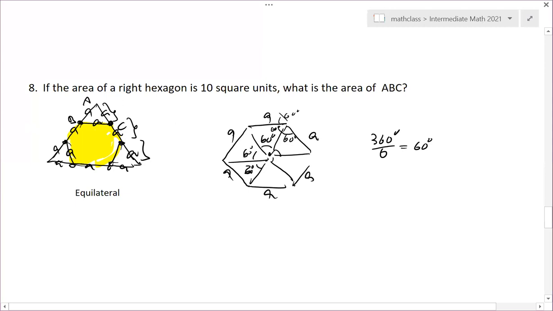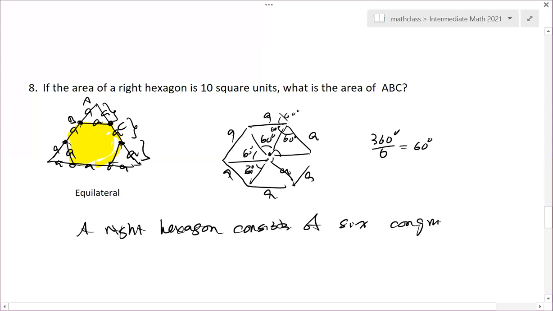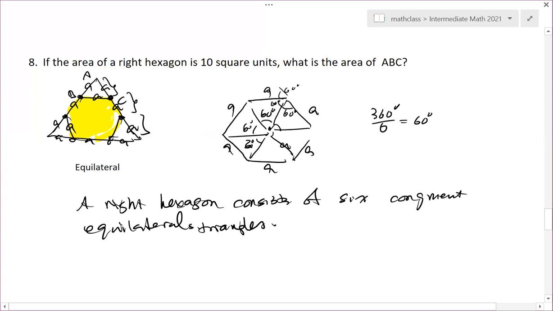So a regular hexagon consists of 6 congruent equilateral triangles. Right, equilateral triangle. That's great.